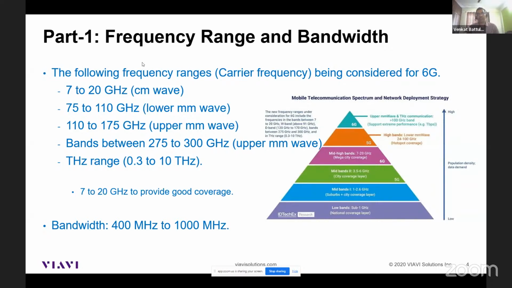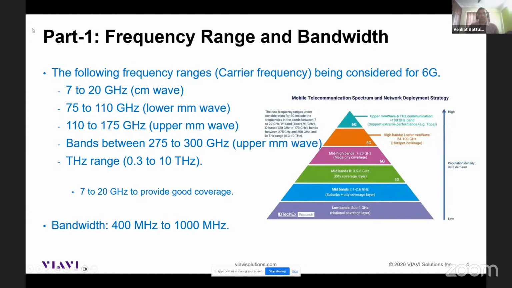I think they are meeting very soon to finalize the frequency bands for 6G. So all these are still candidates, it's not finalized, these are the bands that 6G is going to use.